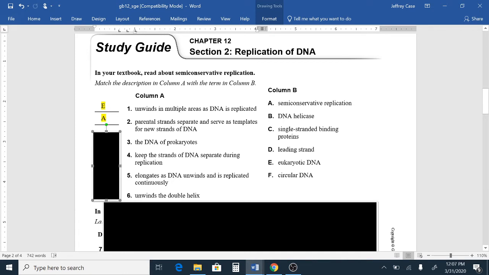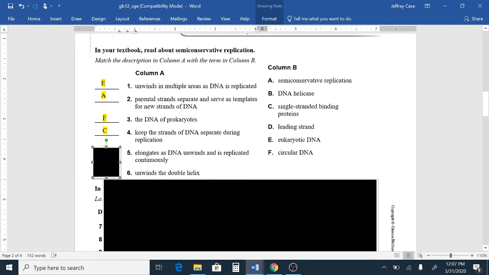That is A, semi-conservative replication. Number 3, the DNA of prokaryotes. F, circular DNA. Number 4, keep the strands of DNA separate during replication. So what does that? C, single-stranded binding proteins.